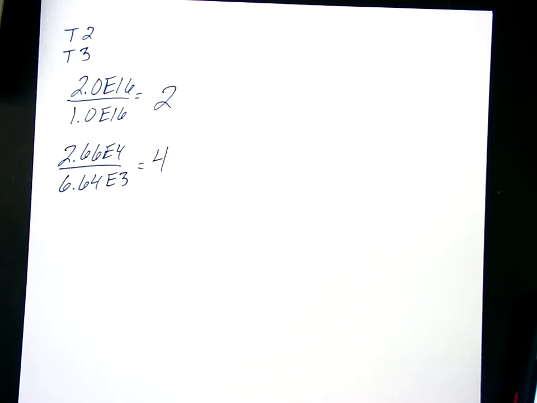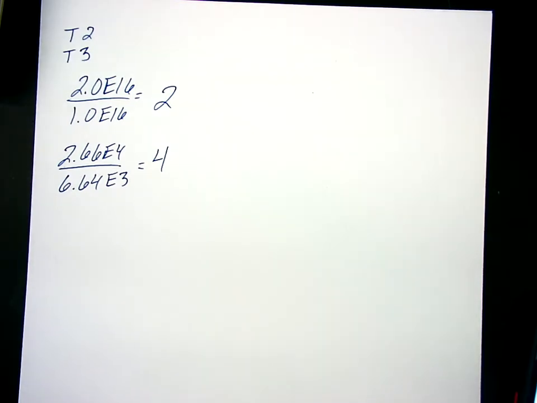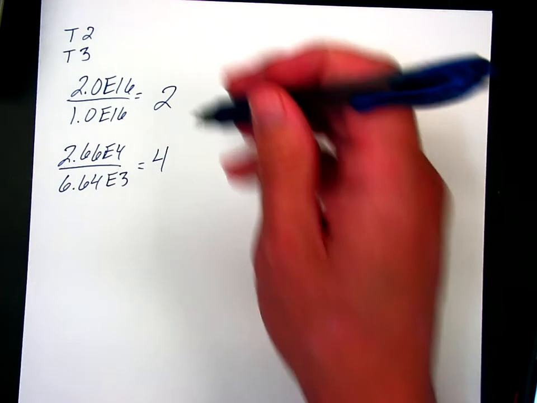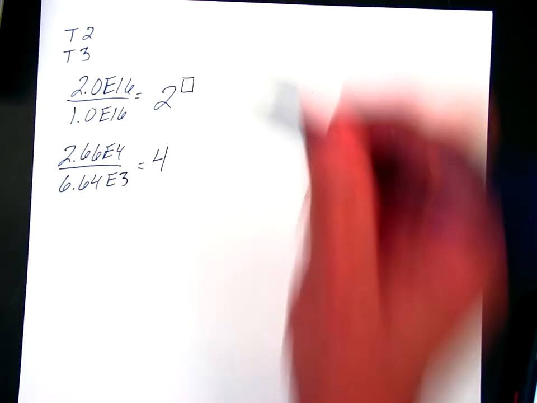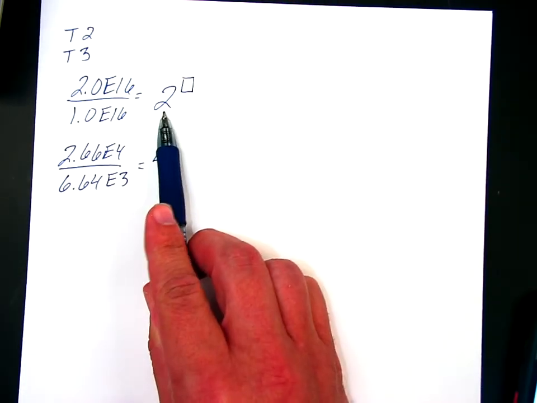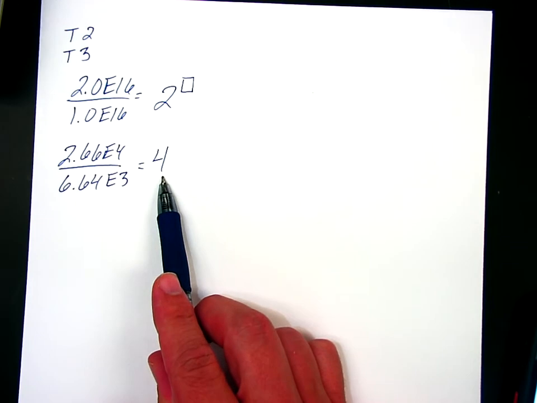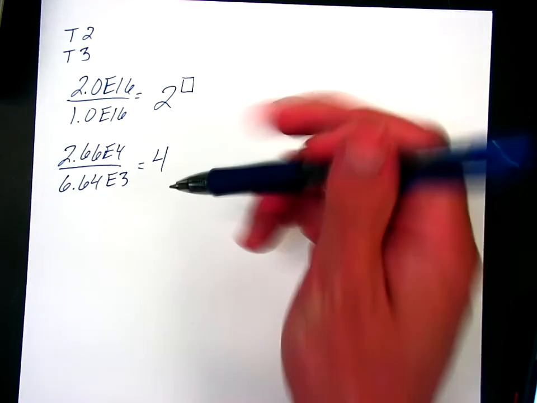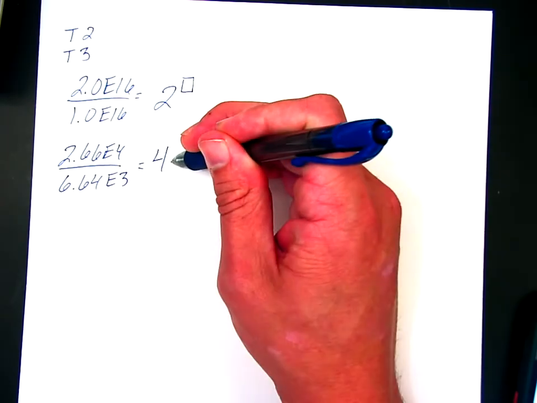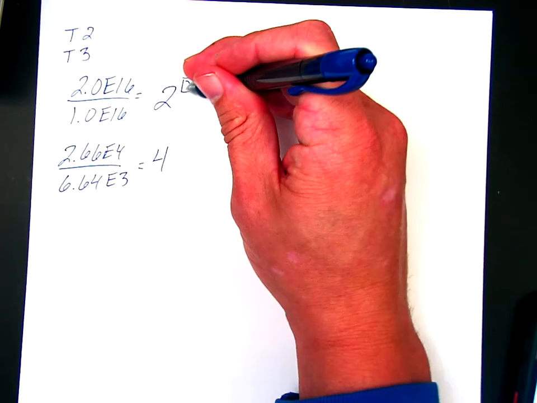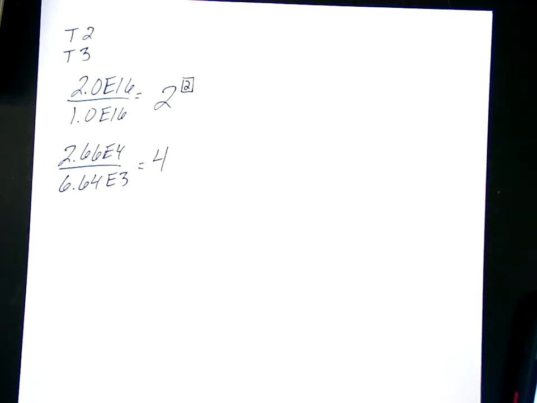Now remember what we're doing here. In order to find the order of this reactant, which happens to be the only reactant, I want to know 2, or this value, to the power of what equals that value. All right? So in order to make the 2 become a 4, it would be a 2. 2 to the power of 2 is 4.